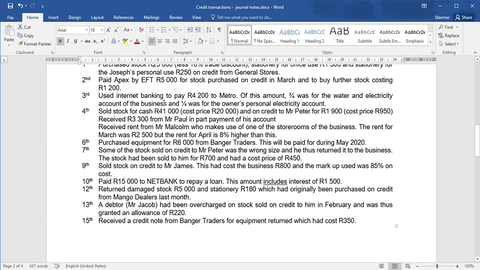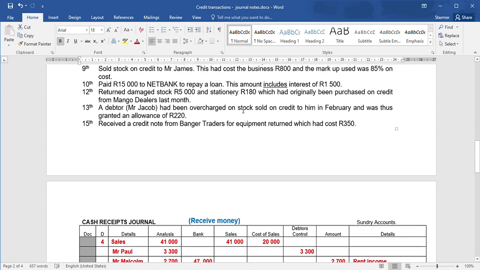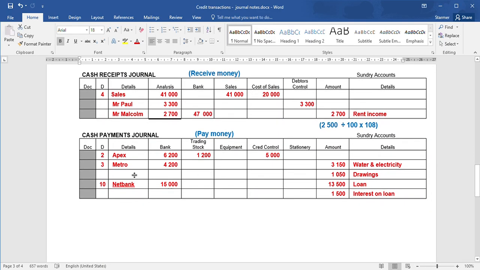On the 3rd, you used internet banking to pay 4,200 Rand to Metro. 3/4 was for water and electricity for the business, and 1/4 was for the owner's personal electricity. Okay, we're using internet banking to pay money, so that's going to get recorded in the cash payments journal.